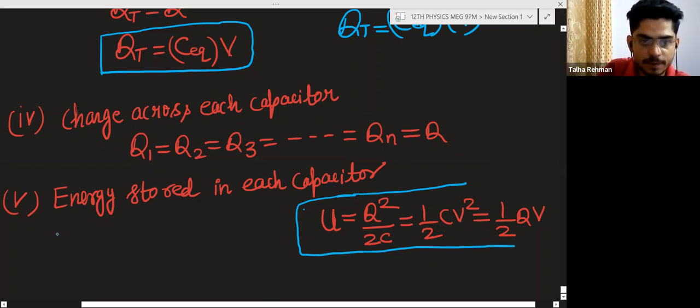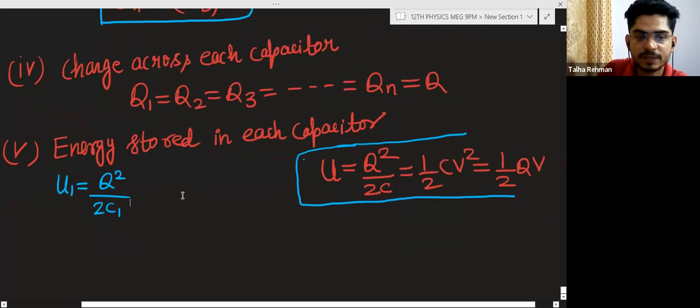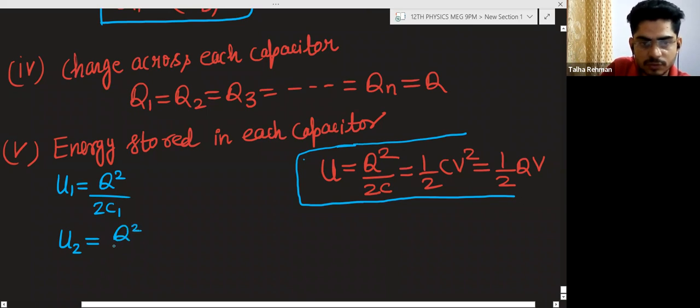So here U1 is equal to Q square by 2 into C1, energy stored in capacitor 1. Energy stored in capacitor 2, Q2 squared divided by 2C2.